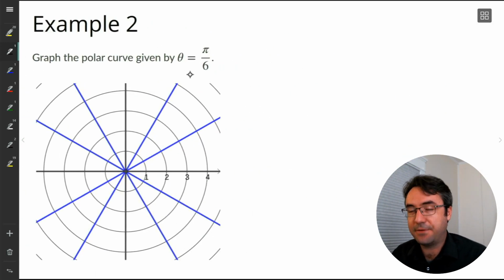So let's look at the graph of the polar curve given by theta equal to pi over 6.